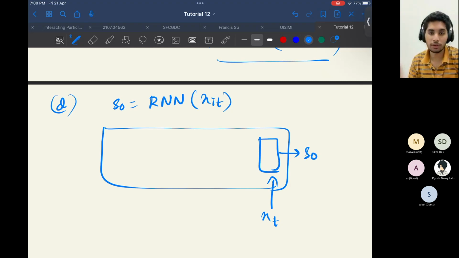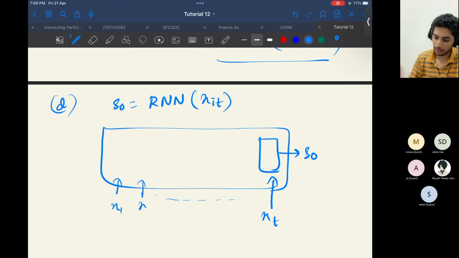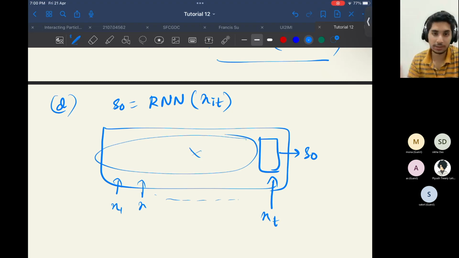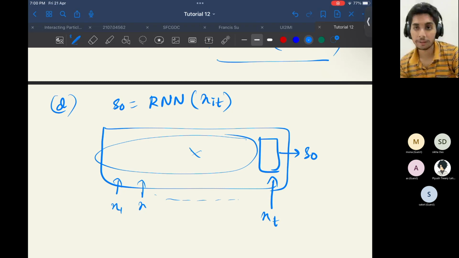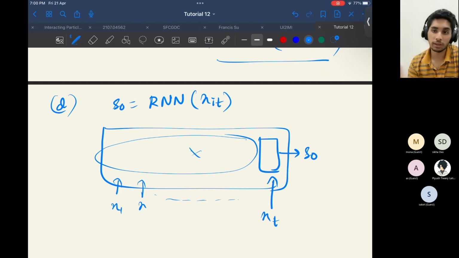However, this is not what we want in an RNN, right? We want X1, X2, these things to be accommodated as well. Those things are missing here, right? So that information also needs to be accommodated. So this is again incorrect, right?